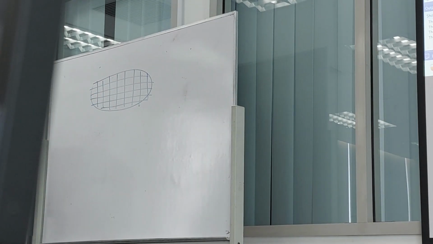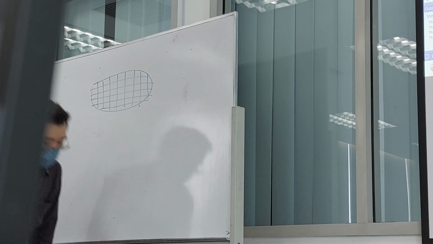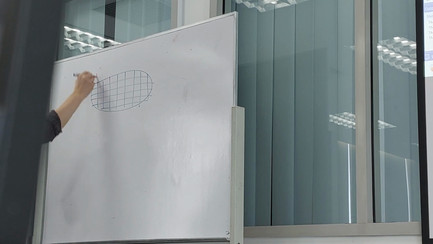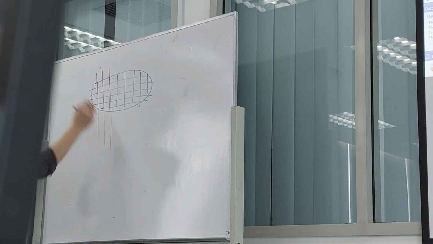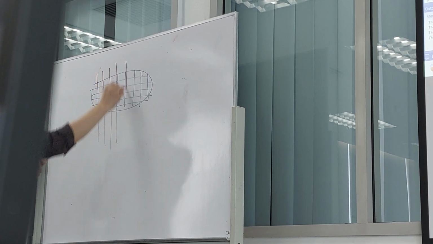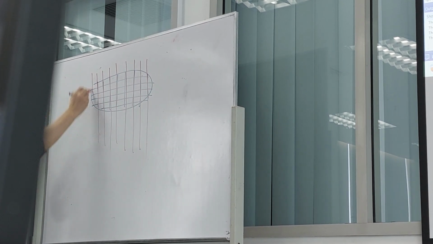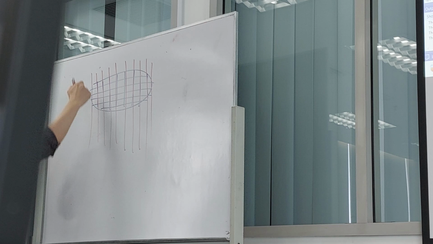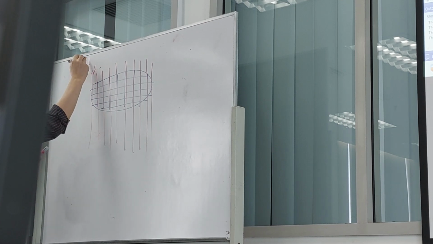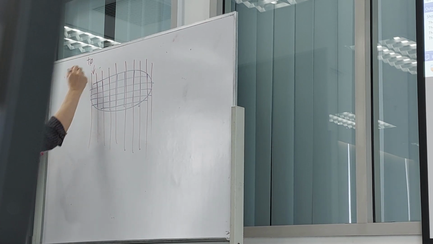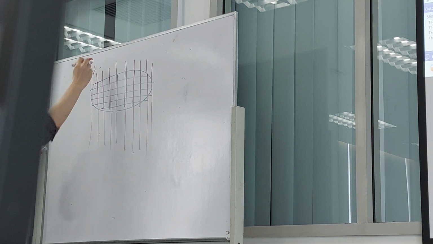If you have a parallel computer, what you can do is split them, like this. Or maybe horizontally, but let's split it vertically. Then I give this one thread, I call it T, thread 0, to count this.